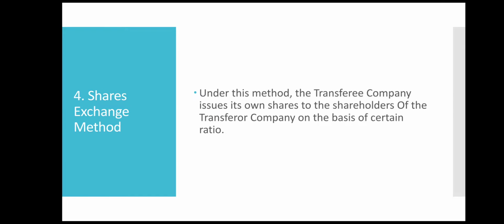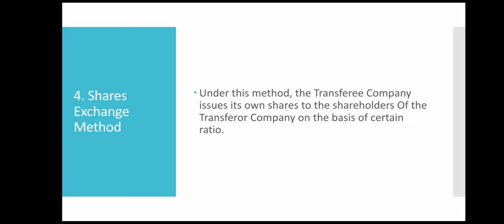Here, shares are issued to the shareholders of the selling company on the basis of a certain ratio. A ratio is determined, and on the basis of that a certain number of shares will be issued by the purchasing company to the shareholders of the selling company. There is no fixed ratio.